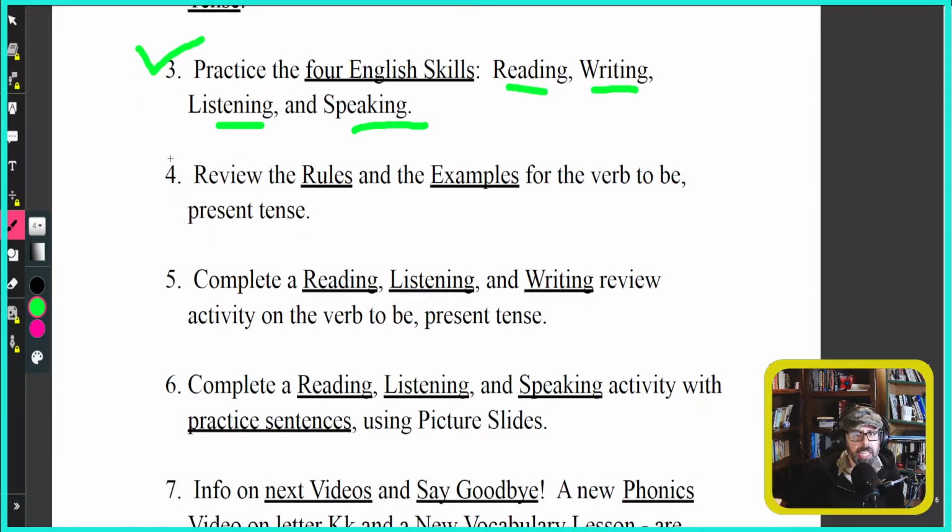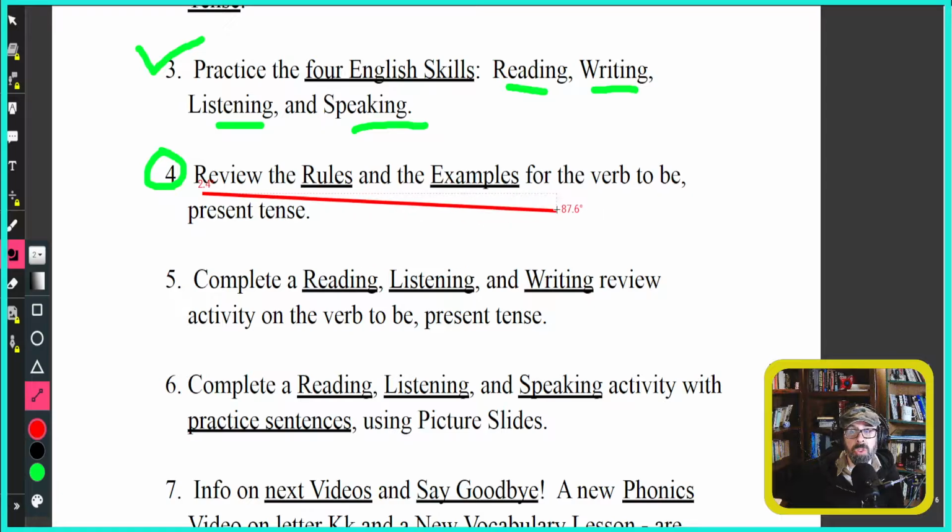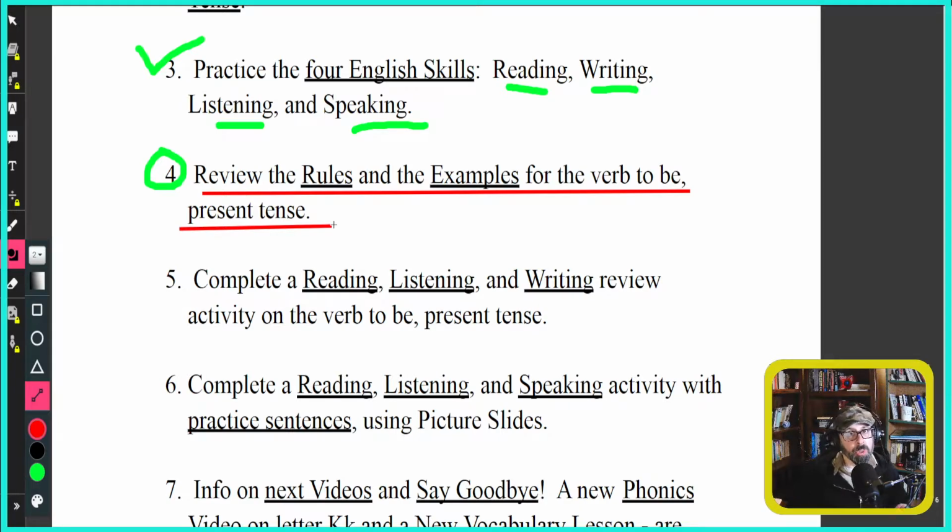All right, the first thing that we'll do tonight is to work on number 4. Number 4 will be a review of the rules and the examples for the verb to be present tense. Okay, so we'll do a little bit of review, okay, some listening, some reading, and you can review or copy or write if you want to write.